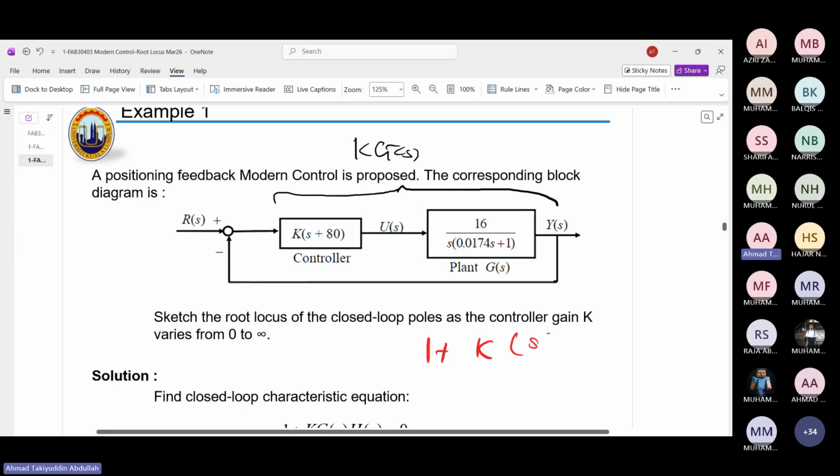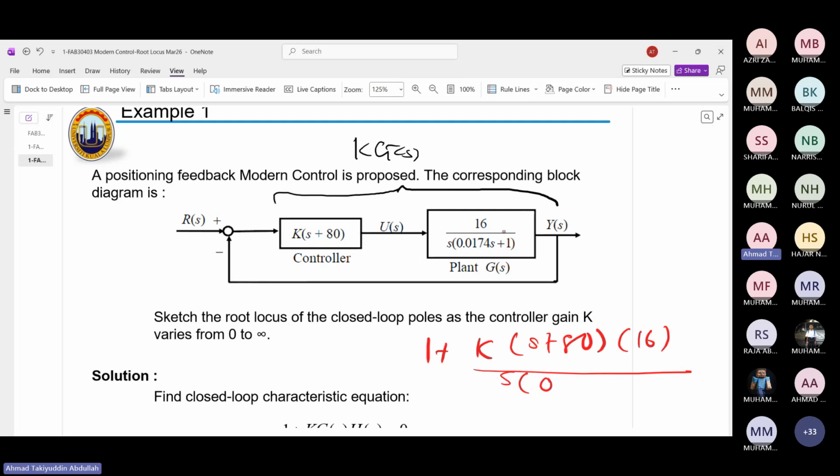What is our G(s)? (s plus 80) times 16 over s(0.0174s plus 1).